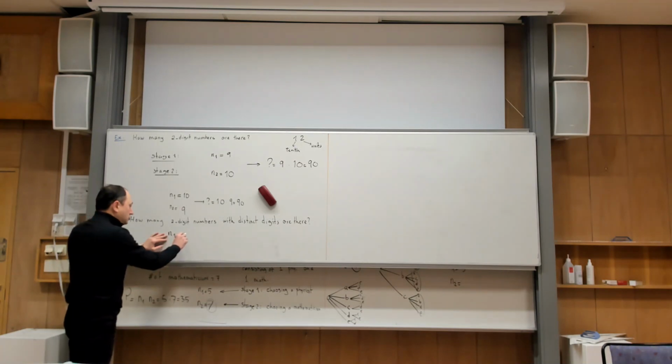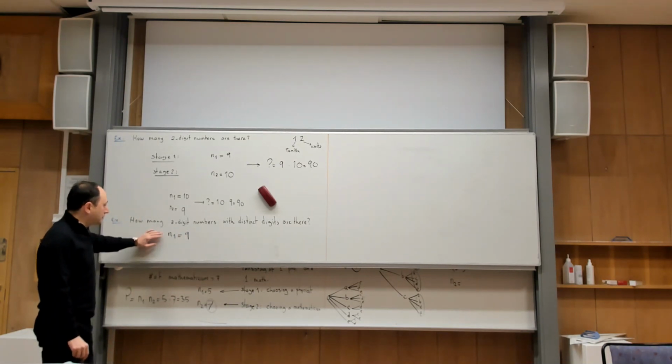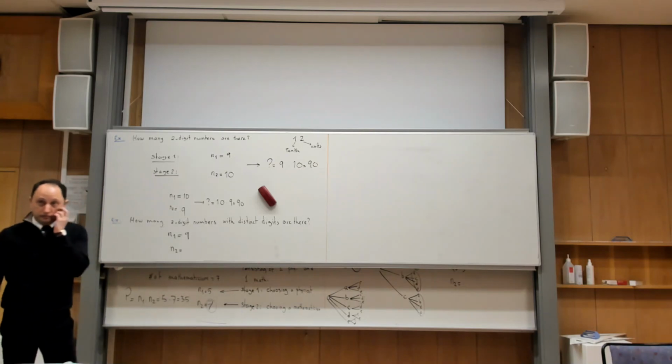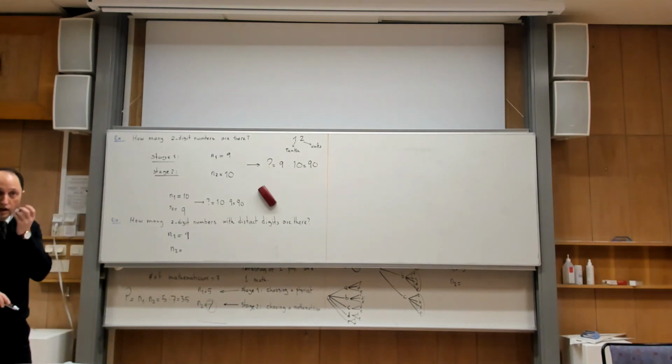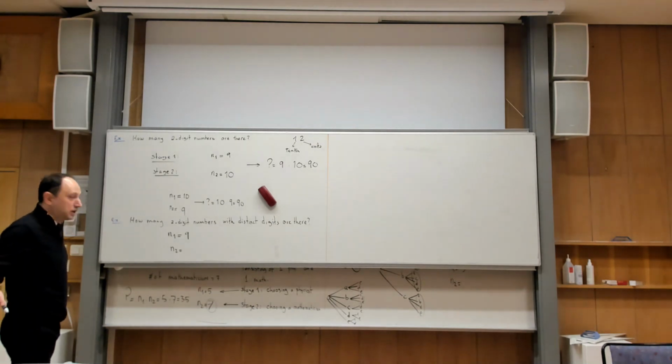So I can choose 9. I have 9 options. But how many options are there here? 9. Okay, can I write 9 or not? Yes. Now this is important. I want you to think. Can I write that N2 is also 9?